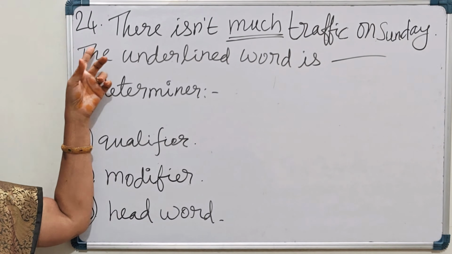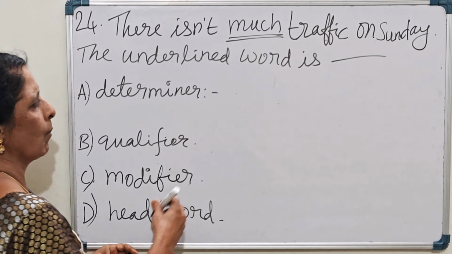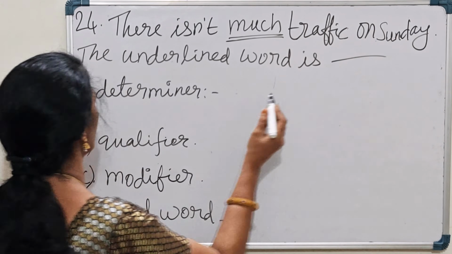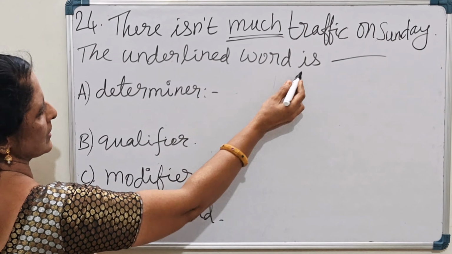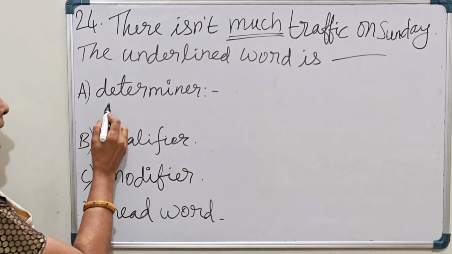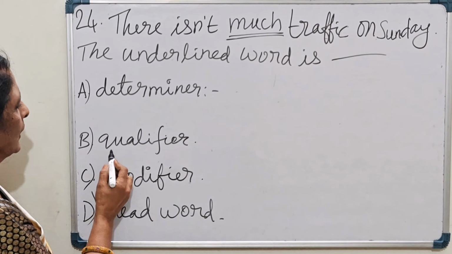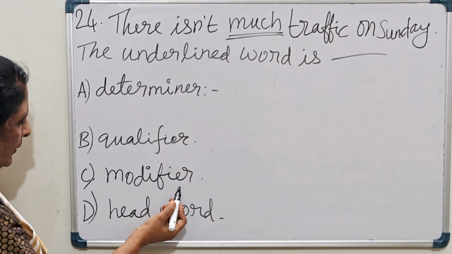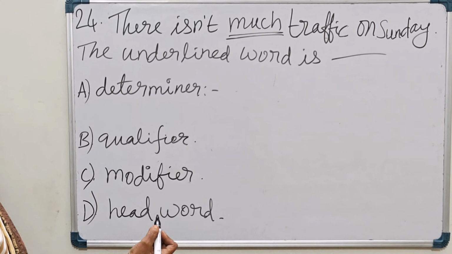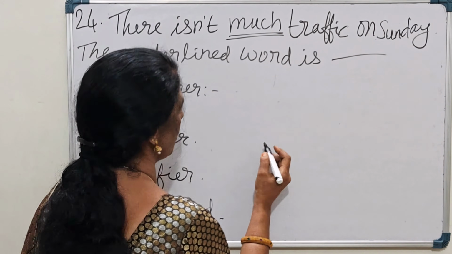Question number 24. There isn't much traffic on Sunday. The underlined word is, options are A determiner, B qualifier, C modifier, D head word. First we will see what is much.